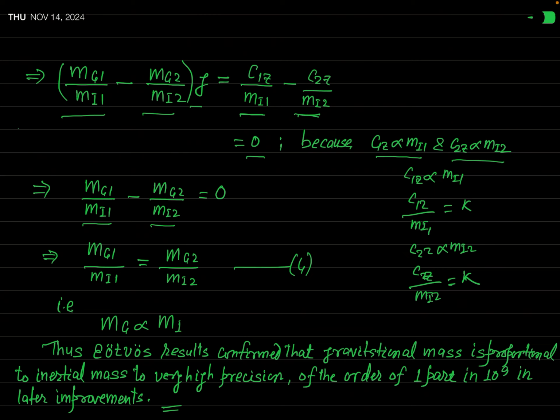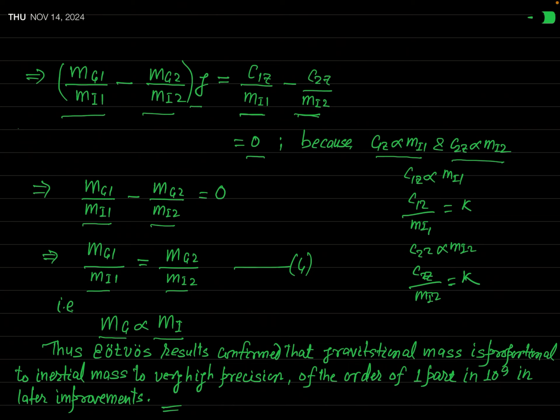So you can say that mg1 by mi1 is equal to mg2 by mi2. It means you can say that gravitational mass mg is proportional to the inertial mass mi. And to prove this fact was actually the aim of this experiment.